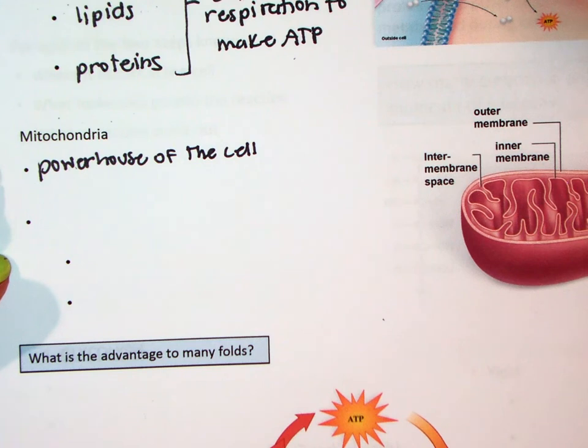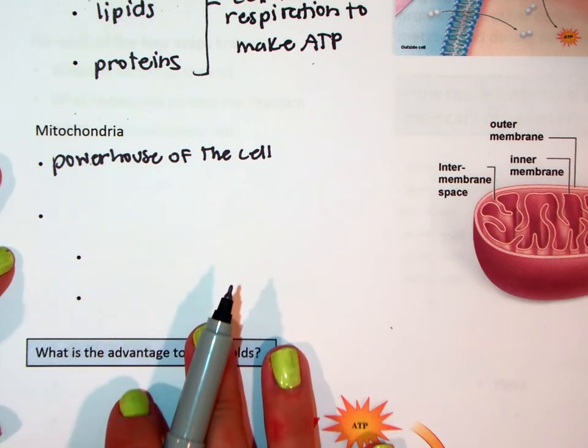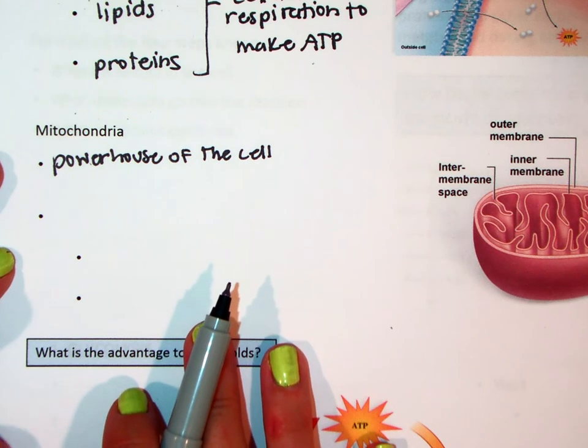And it's an organelle. So we talked about organelles last time, like the nucleus, the endoplasmic reticulum, the Golgi apparatus, the microtubules, all of those things. The mitochondria is another organelle. We just skipped talking about it because it's so awesome, it needs a whole lecture on its own.